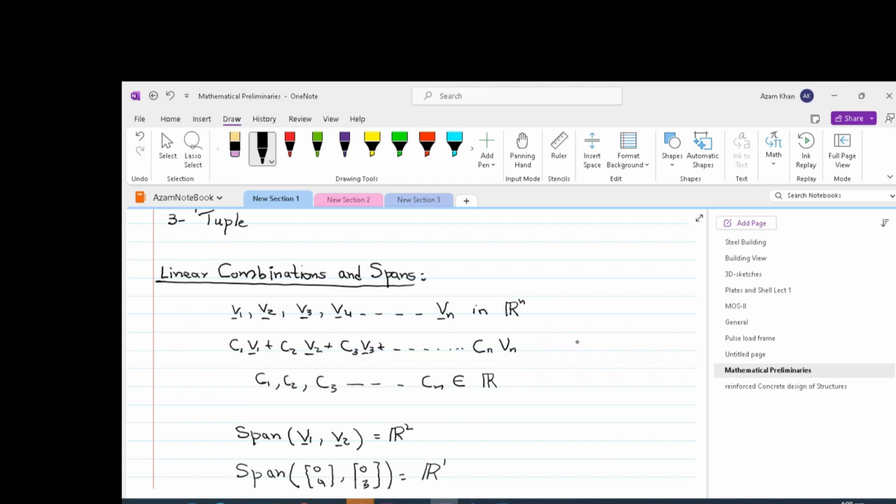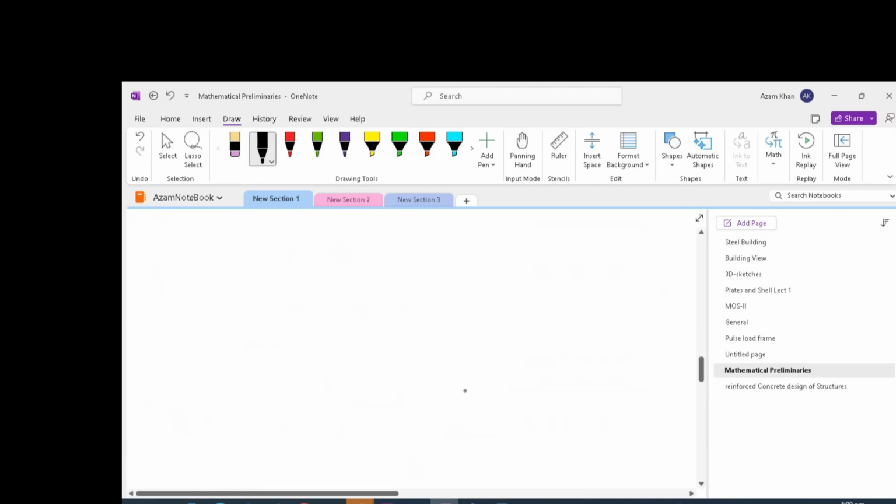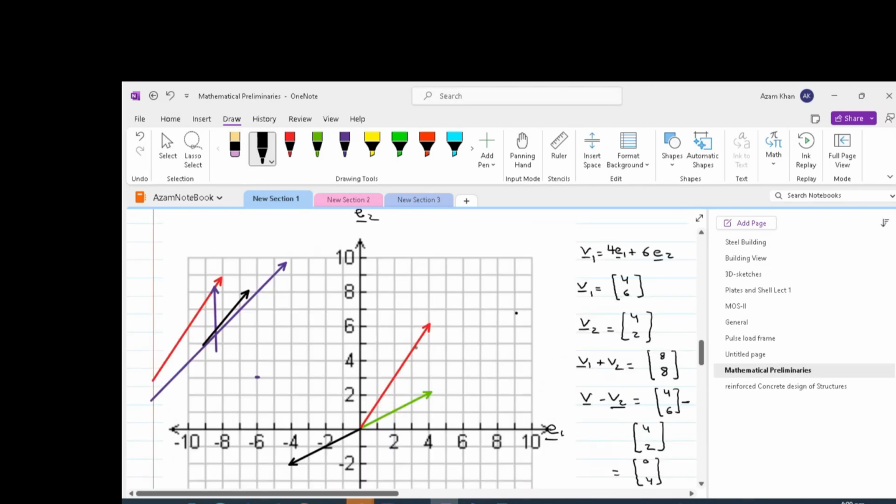to the Rn space. Now let us further explore this idea by taking two vectors. Imagine we have two vectors v1 and v2. Vector v1 is shown by a red arrow having components 4 and 6, and vector v2 is shown by a green arrow having components 4 and 2.